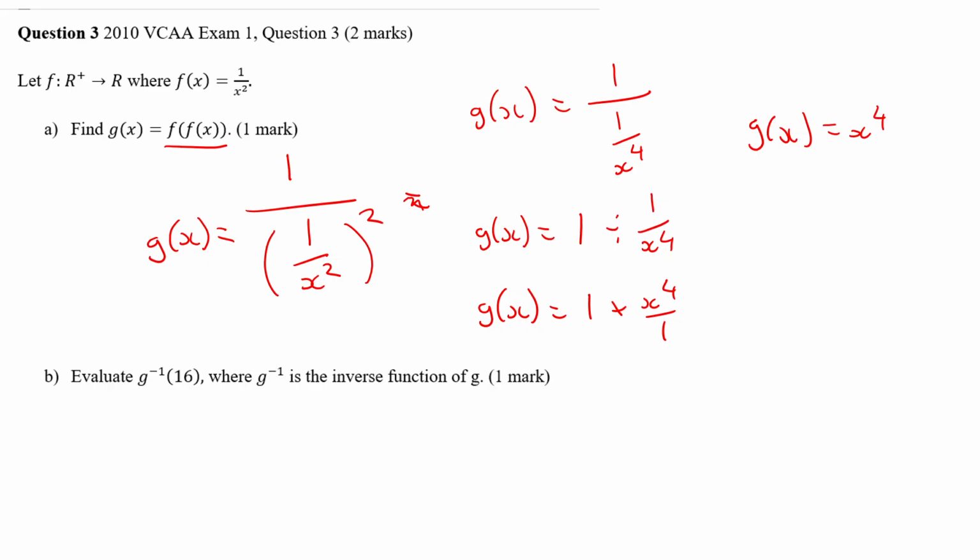The first is I can take this 16 in the inverse, where the x and y flip. So technically, if x and y are flipping, this is actually the y value. So I don't need to work out the inverse. I can just put this in and go 16 is equal to x to the power 4, and I've just made that my y value, and then that's going to give me 2.